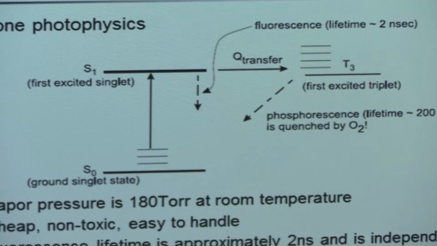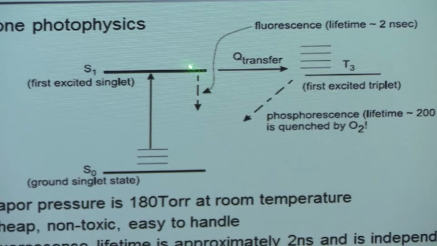That's called phosphorescence. So if you hear the word fluorescence, that means it's allowed. If you hear the word phosphorescence, that means it's forbidden, but it happens with an average time that's much longer. In fact, this phosphorescence lifetime is 200 microseconds. So if it's here, on average, it takes 200 microseconds before it emits, whereas if it's here, it emits in 2 nanoseconds.